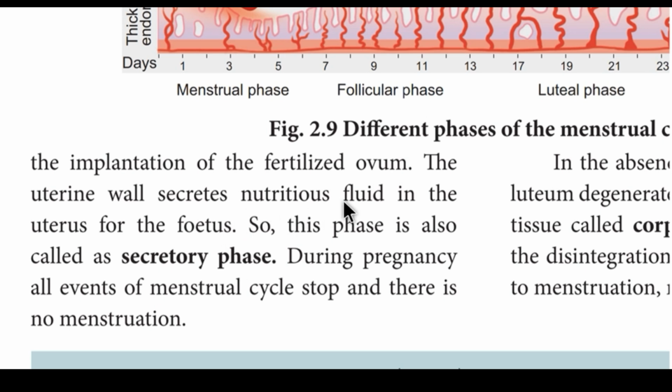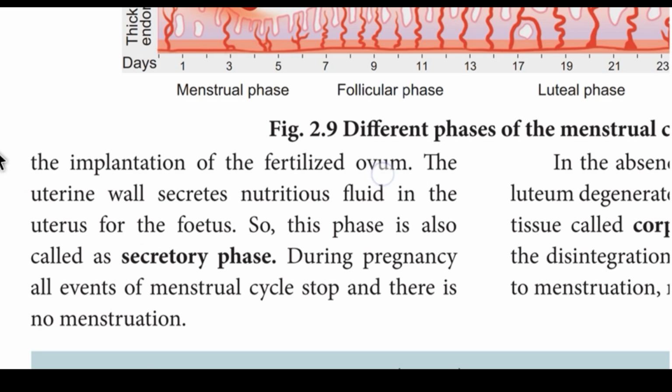You know very well the fluid is secreted because of the luteinizing hormone. That feeds and gives the food for the embryo. So this phase is also called the secretory phase. During pregnancy, all events of the menstrual cycle stop and there is no menstruation.